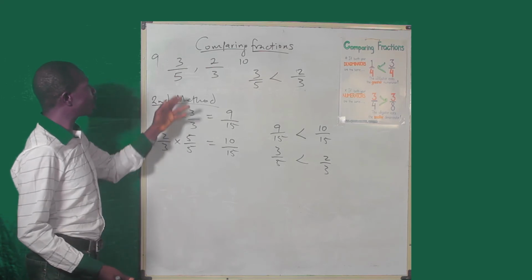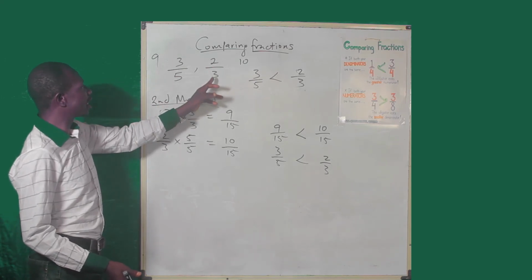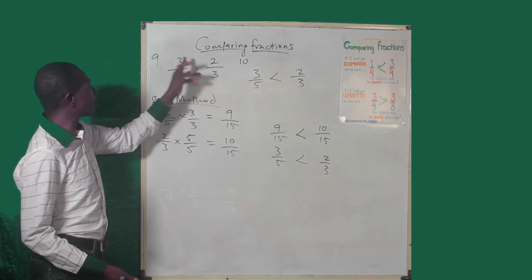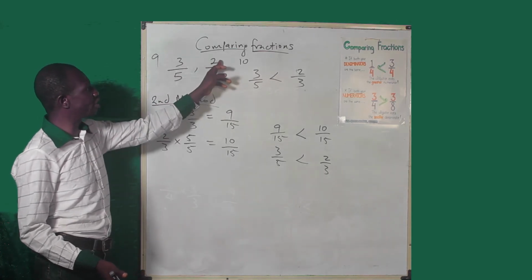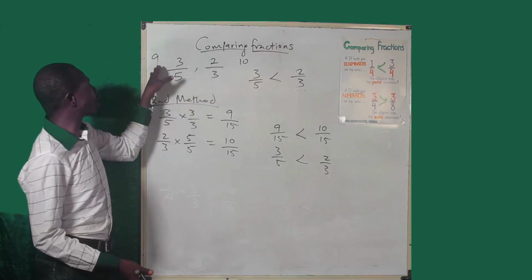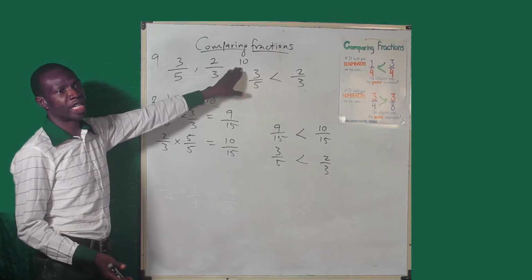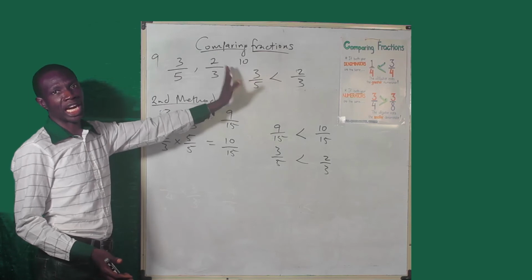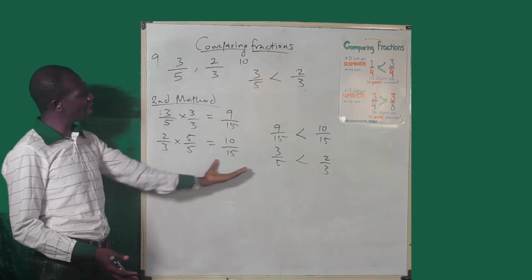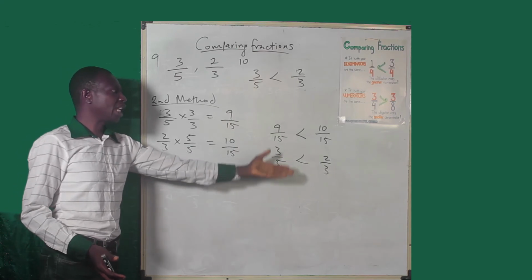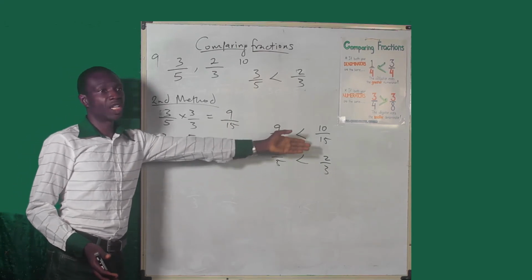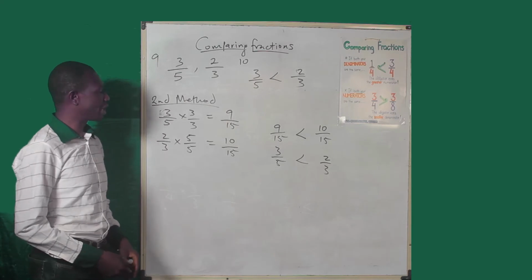The quickest way is to multiply the denominator of the second one with the numerator of the first one, and the denominator of the first one with the numerator of the second one, then you just see which numerator is bigger. That is your bigger fraction. Or you just make these two denominators the same, then you see which one is the bigger numerator, and then you have your bigger fraction.